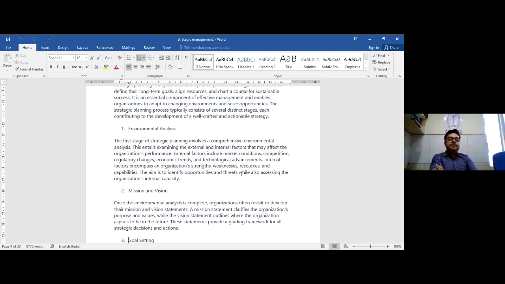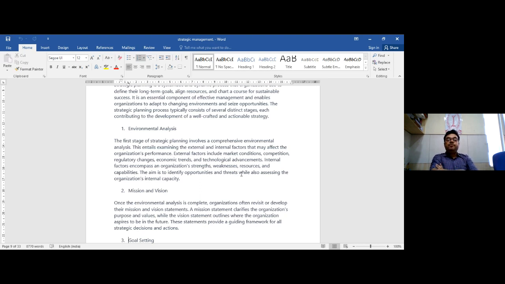Mission and vision statement. And the way the environmental analysis is completed, organizations tend to revisit or develop their mission and vision statements.